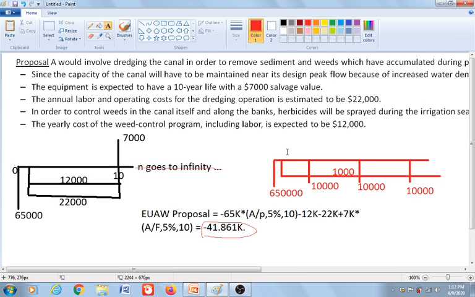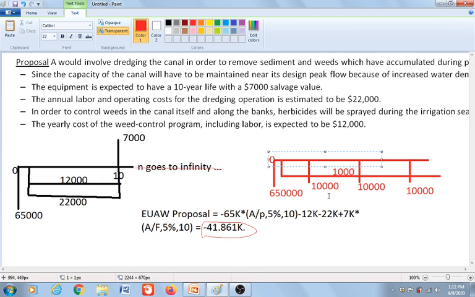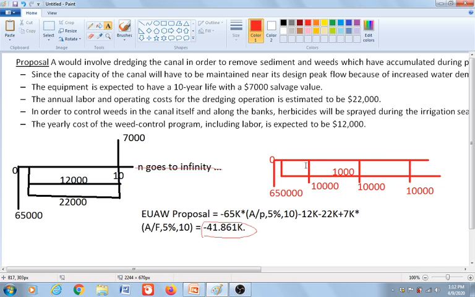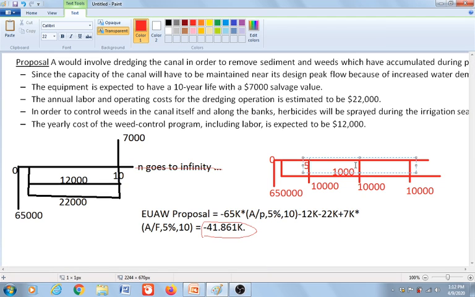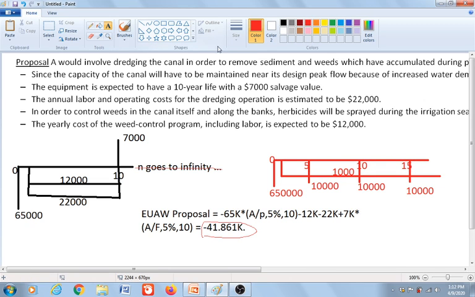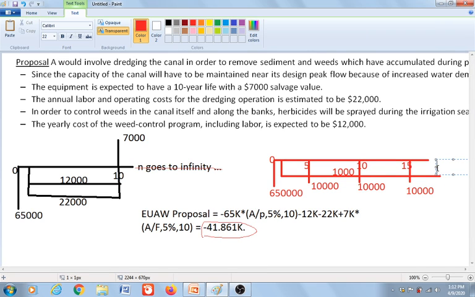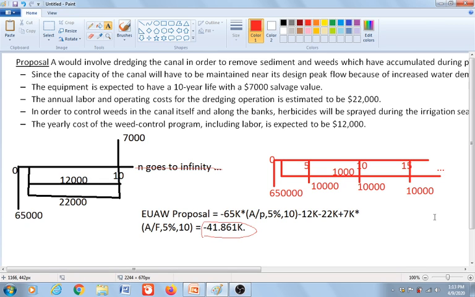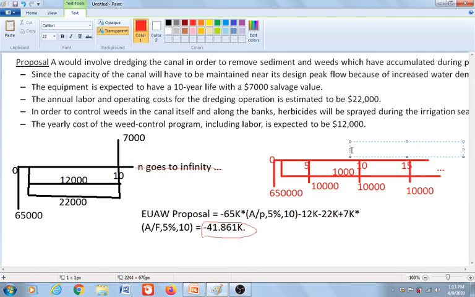So this is year 0, this is year 5, year 10, and this is year 15. And these things happen forever. So for proposal B, n goes to infinity.